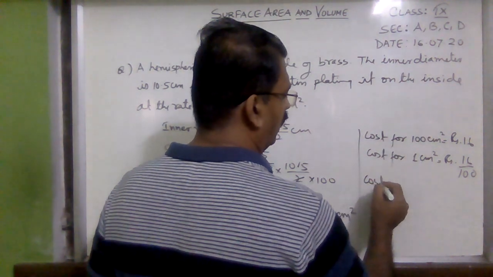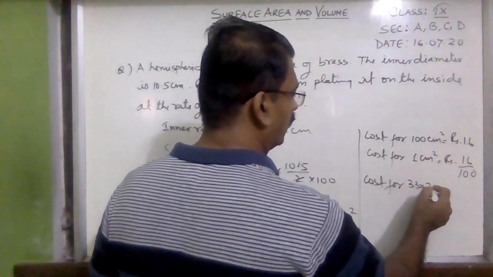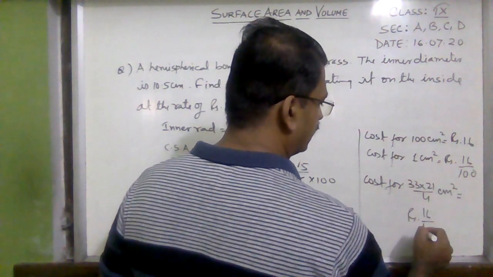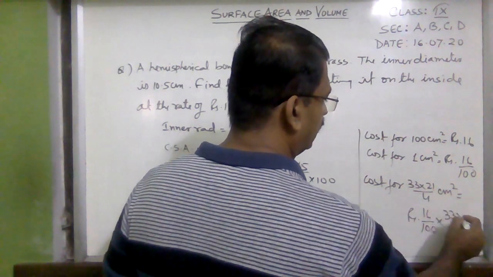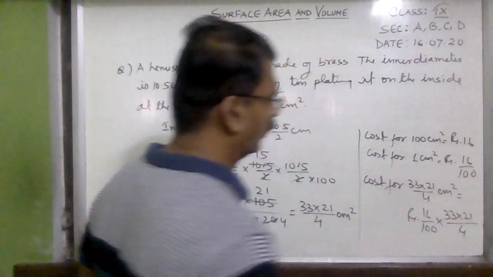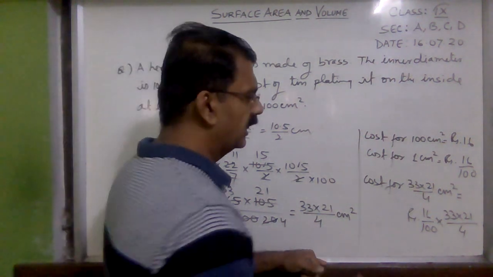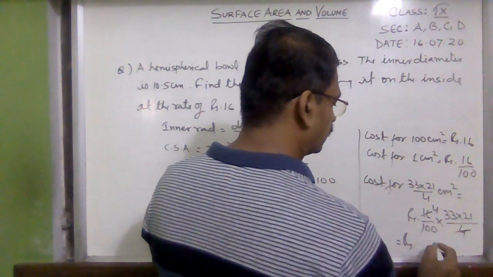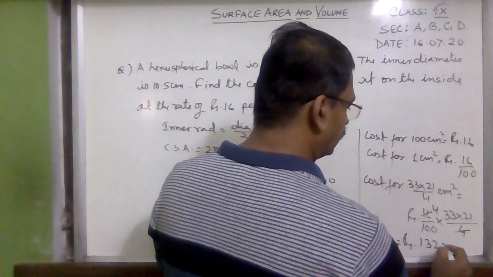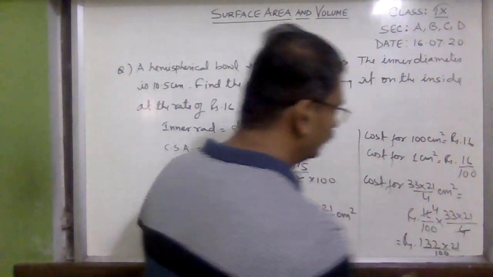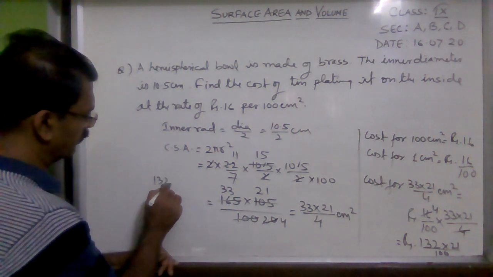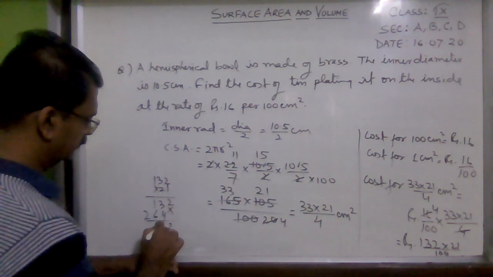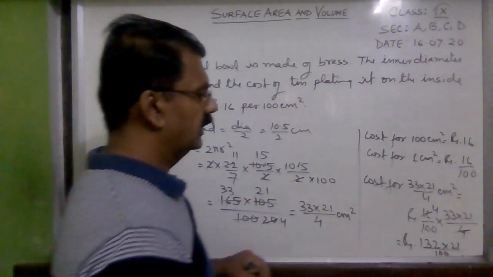So cost for 33 into 21 upon 4 centimeters square will be equal to rupees 16 by 100 into 33 into 21 upon 4. Clear? Now we can cancel it by 4. So 132 into 21 upon 100. So first of all, you multiply 132 and 21, which is 2772 upon 100.